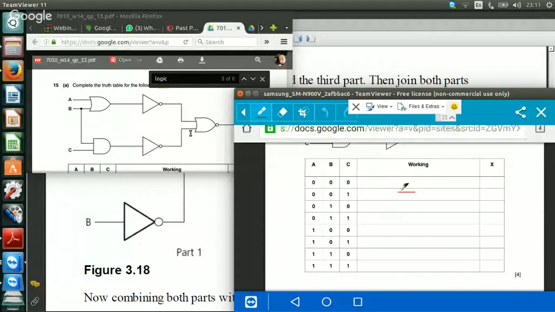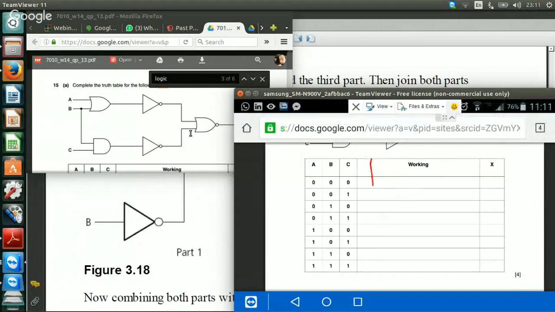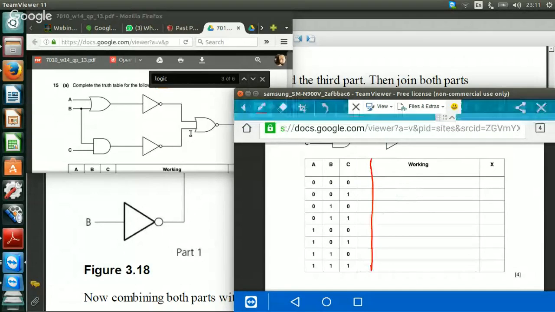You need to show the working and fill the truth table. There are various methods of doing that. You can simply draw the line and show the working like this.